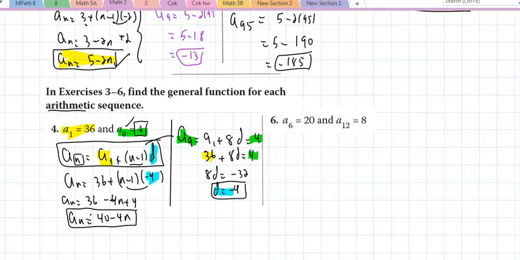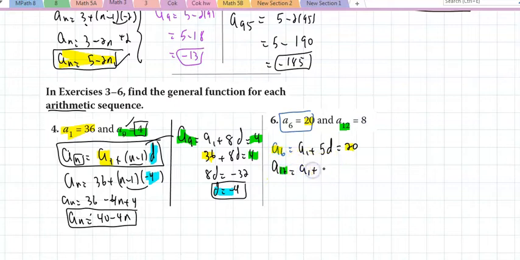So I'm looking at a sub 6. A sub 6 is a sub 1 plus 5 times d. And that equals a 20. Very good. A sub 12, I know what that is.